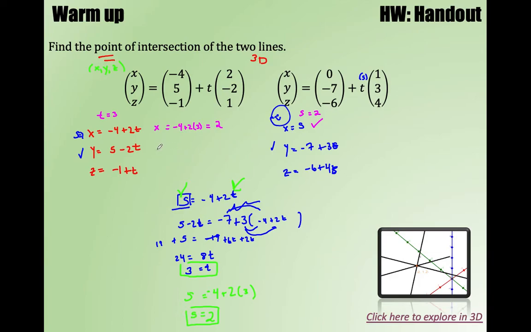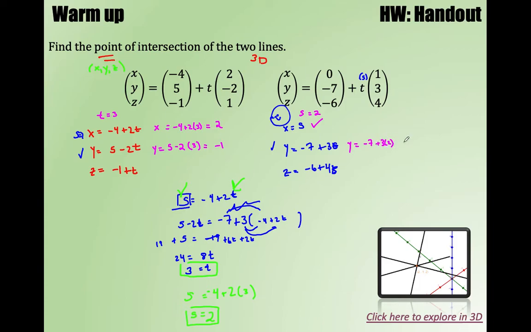So let's go down here. y is supposed to be 5 minus the t value I got, which is 5 minus 6, which is negative 1. Make sure that the s gives you the same position here. y equals negative 7 plus 3 times s.